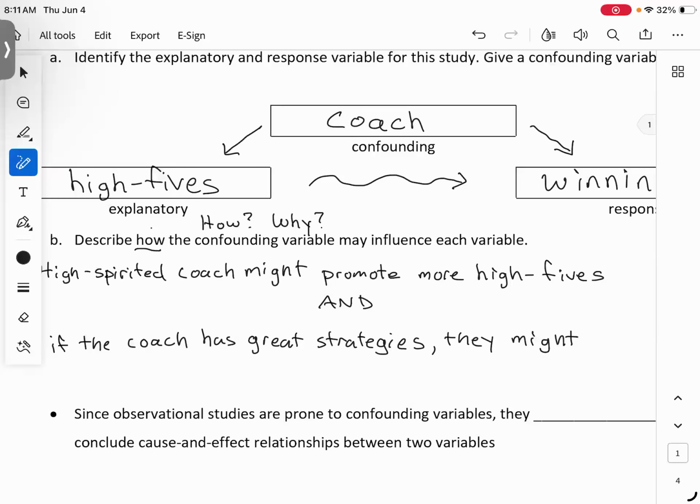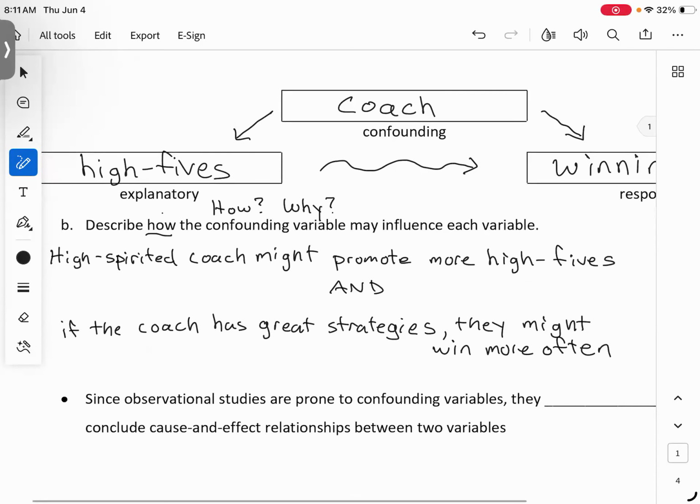I'm just interjecting, what about the coach? It may be that he's got these great plays or designs or strategies for how to set up their defense, and that is what about the coach that's going to lead to them being more successful as a team. So that's the contributing factor to why they're doing more high fives and also why they're maybe winning more.